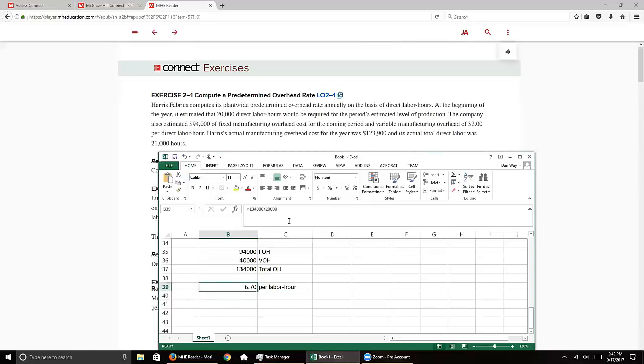Sure. You're fine. So that's the total estimated overhead here of 134,000 variable and fixed. Okay. Divided by our estimated activity of 20,000 direct labor hours. So it's always our total estimated cost divided by our total estimated activity.